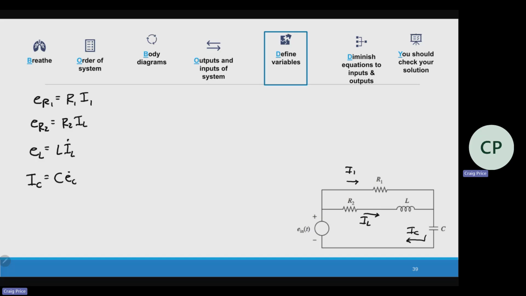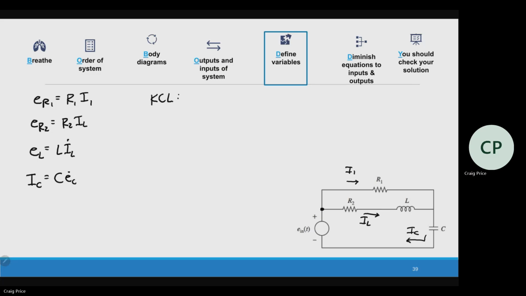How am I doing? Have I done it good so far? Okay, now it gets to the tricky part. We got to use some KVL, KCL. What would you like to do first? You want the KCL first? Okay, KCL. I'm looking here or here, doesn't matter.